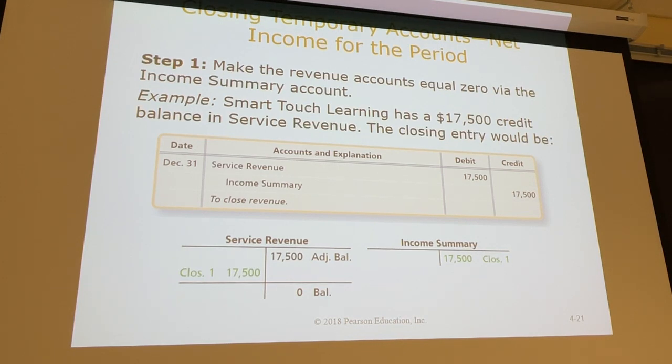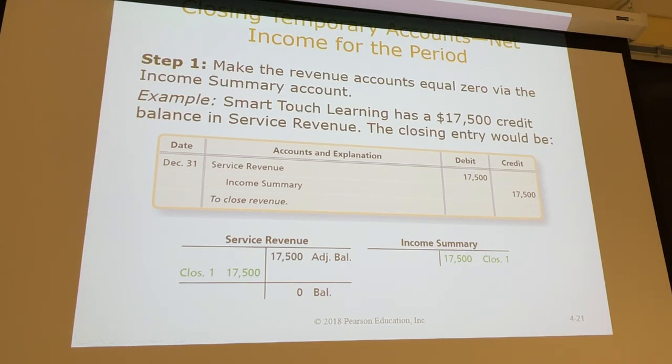So we know with a revenue account that the normal balance for it is a credit balance. So we look at the T account for service revenue down here near the bottom of the screen. At the end of the period, it has a credit balance of $17,500.